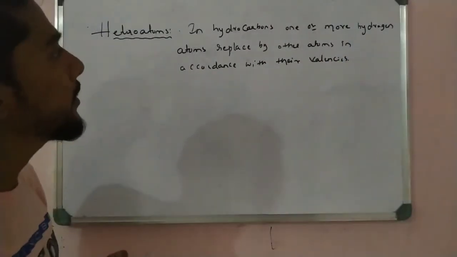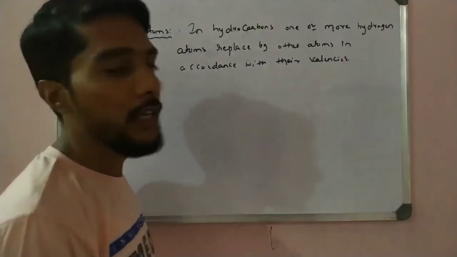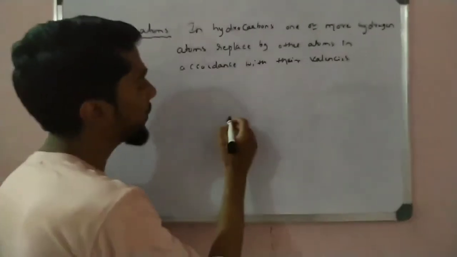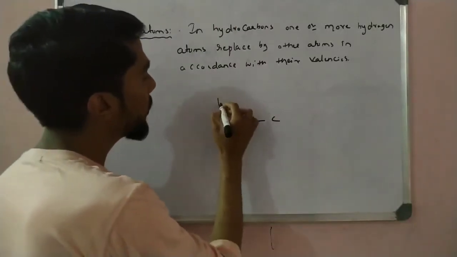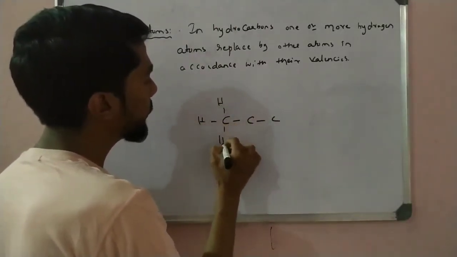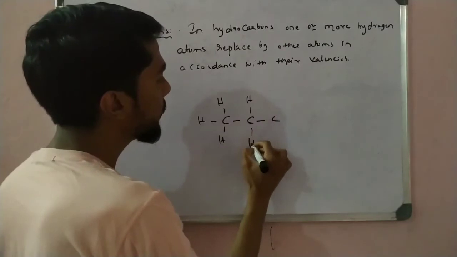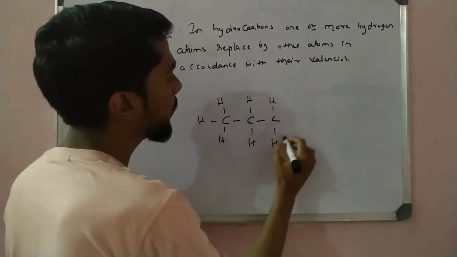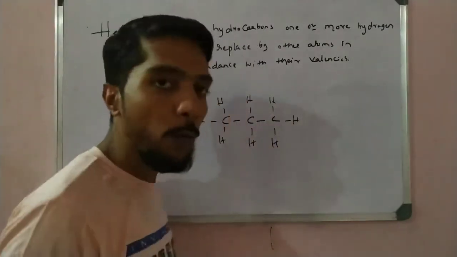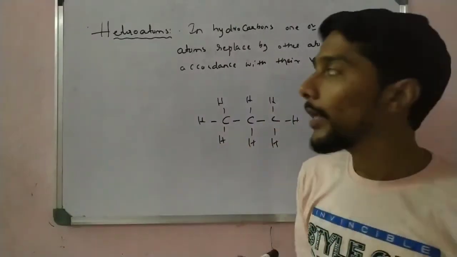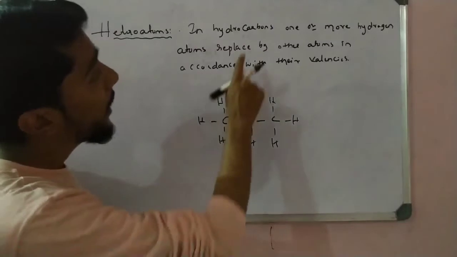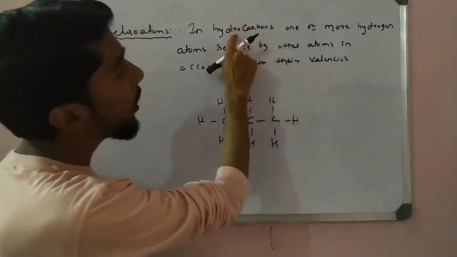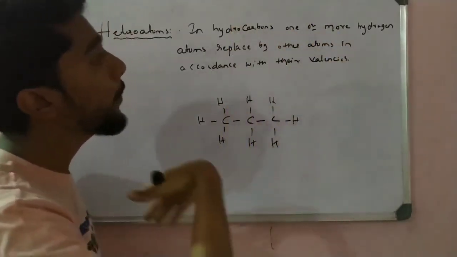For example, take any hydrocarbon chain. I can take propane, right? Here are hydrogens 1, 2, 3. These are all hydrogen, and this is simple propane. Now see here, the definition says that in hydrocarbons one or more hydrogen can be replaced by other atoms.